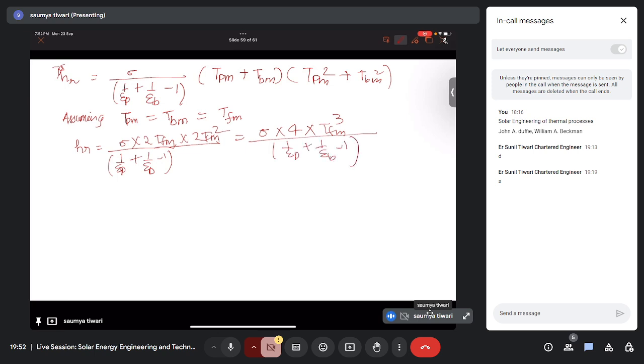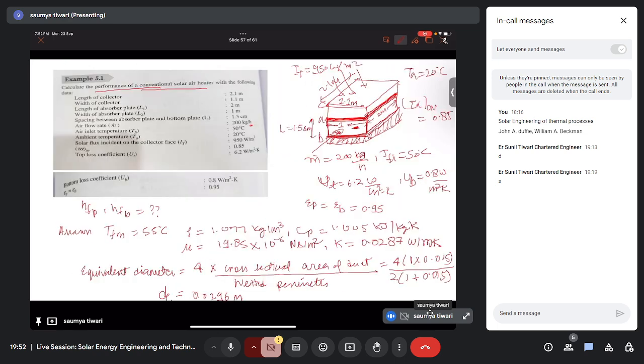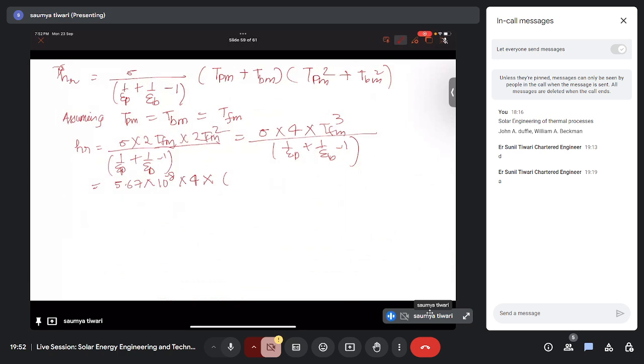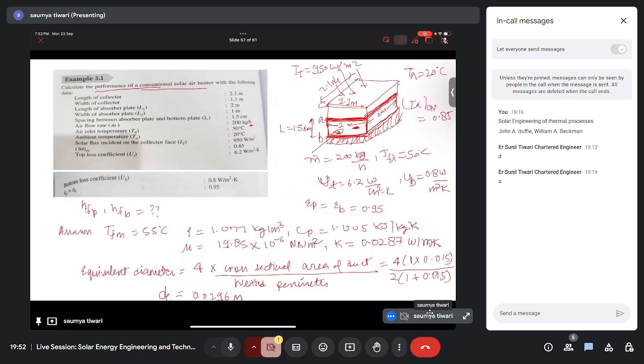So we'll put the values into this equation. Sigma is the Boltzmann constant, 5.67 into 10 to the power minus 8, into 4 into the fluid mean temperature that we have assumed, which is 55 degrees Celsius. So it will be 273 plus 55, cubed, upon the emissivity value for the plate and the back plate, which is 0.95.